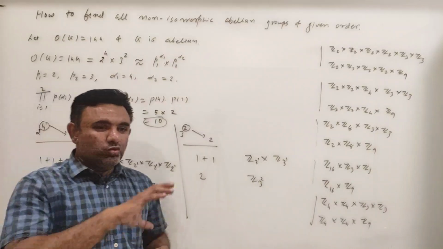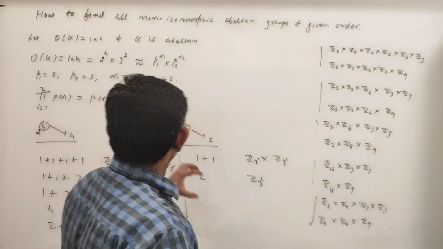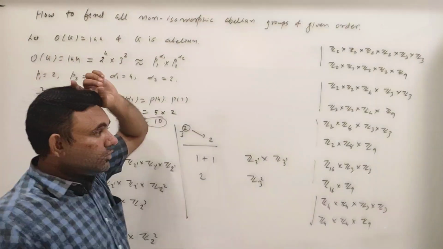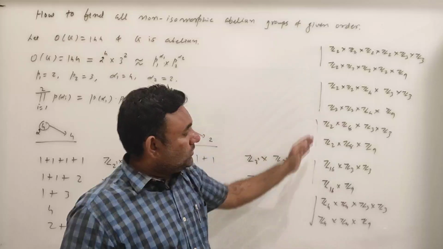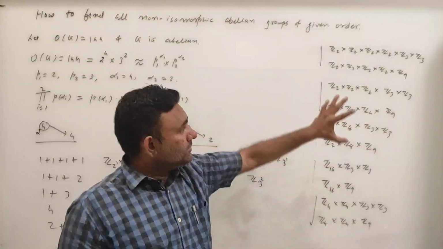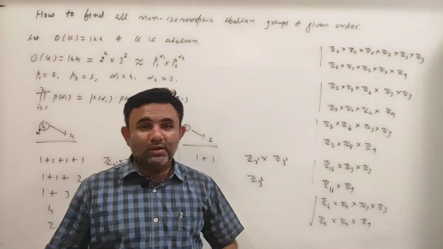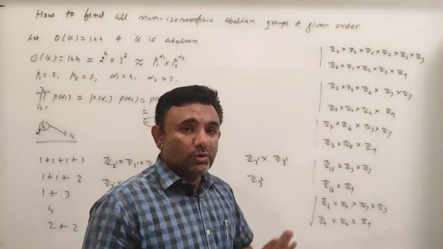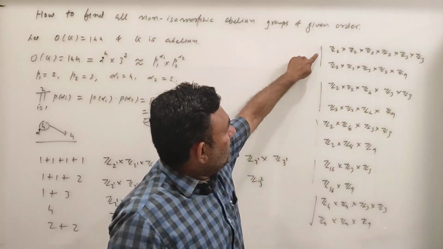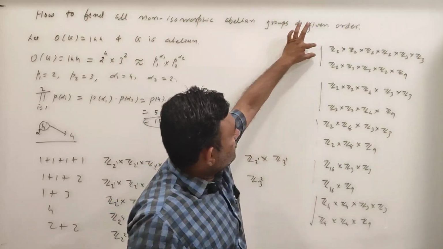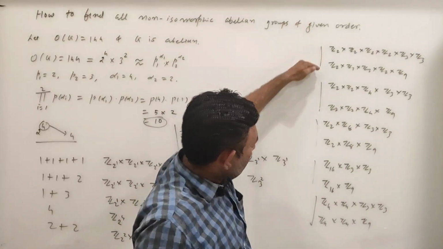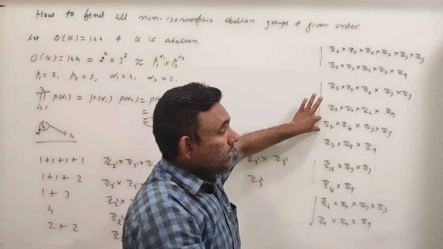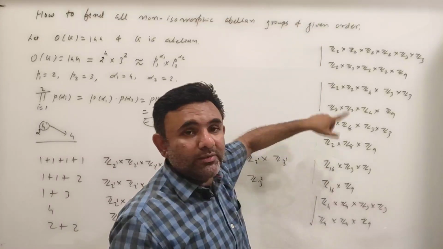तो मतलब दुनिया में से कोई भी ग्रुप उठा के आएंगे आप जिसका ऑर्डर 144 हो और वो अबेलियन हो, then it must be one of the form among this only. इसी में से किसी एक को आइसोमॉर्फिक हो जाएगा. So that's why we say these are non-isomorphic. ये ग्रुप इनमें से ये जो फर्स्ट वन है, it is not isomorphic to remaining 9. This one is not isomorphic to remaining 9. ये किसी के आइसोमॉर्फिक नहीं है इनमें से.